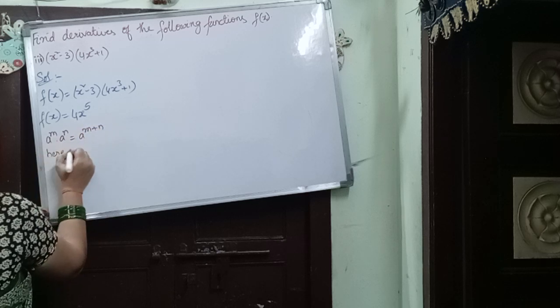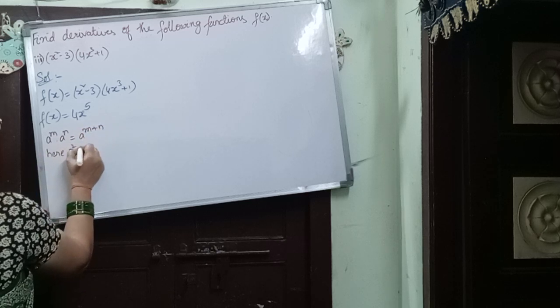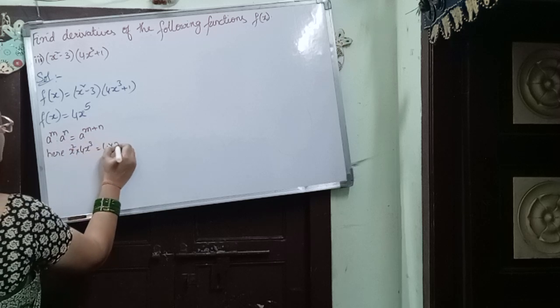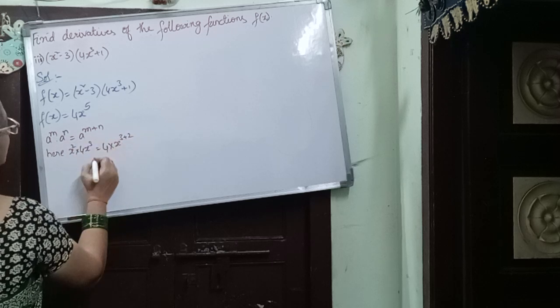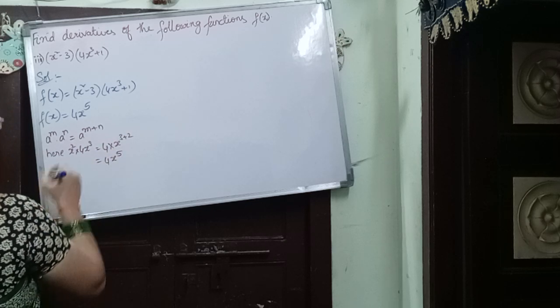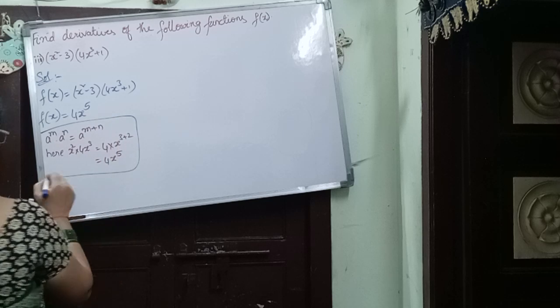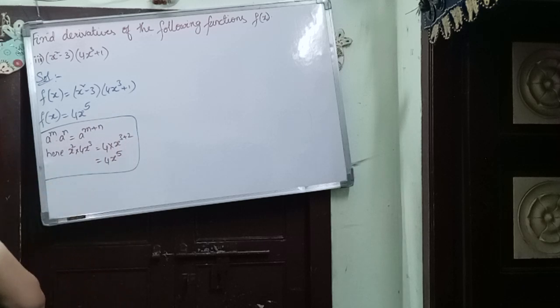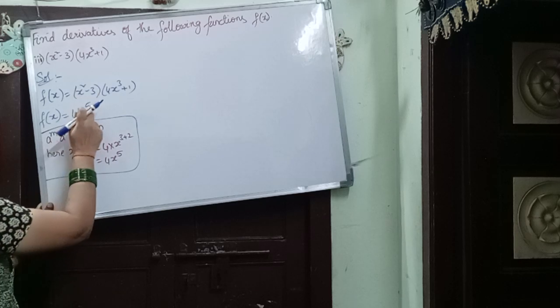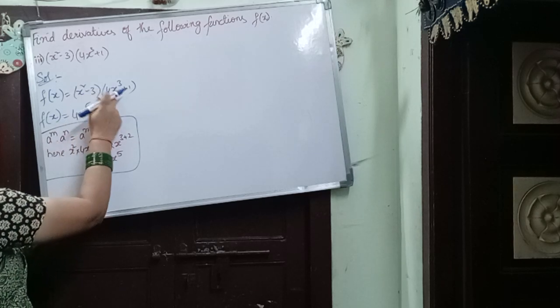Here x square into 4x cube equals 4 into x power 3 plus 2, which is equal to 4x power 5. So using this we get 4x power 5.